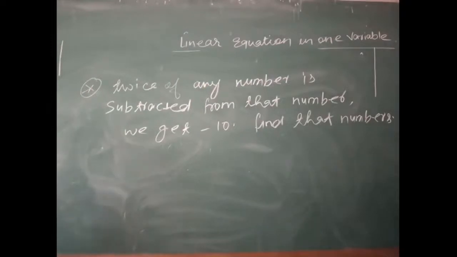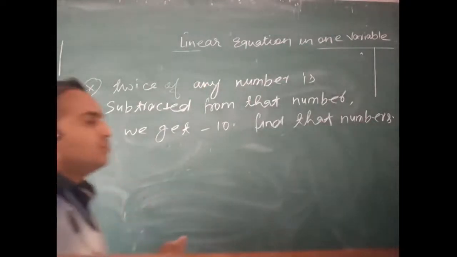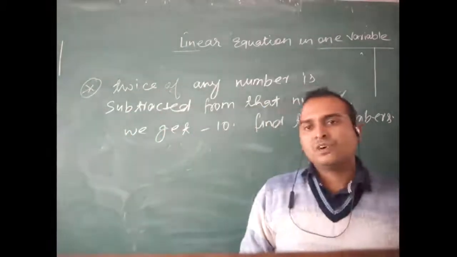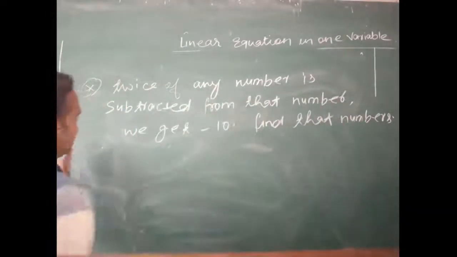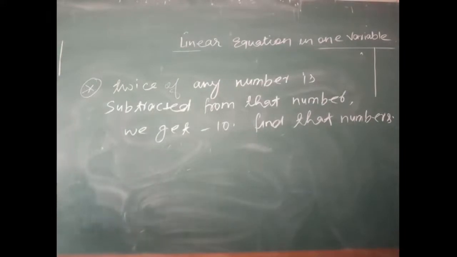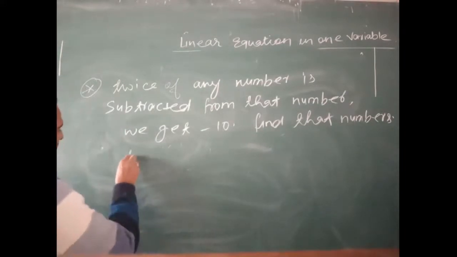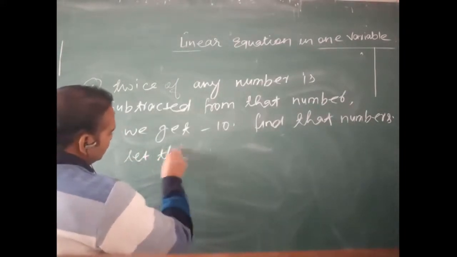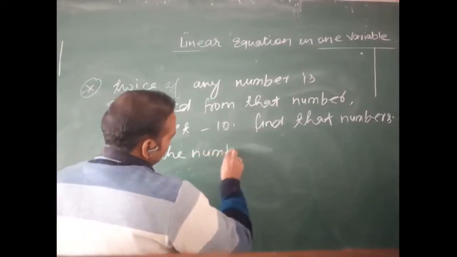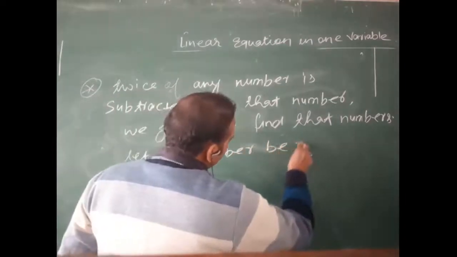How to solve this? First of all, we will try to change this statement into an equation. First of all, we will assume or suppose that the number is x. Let the number be x.